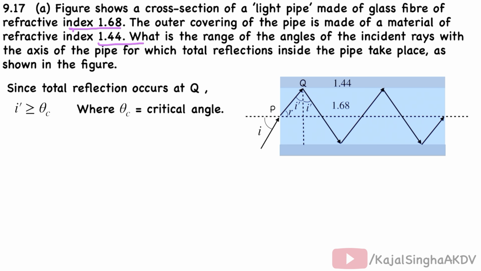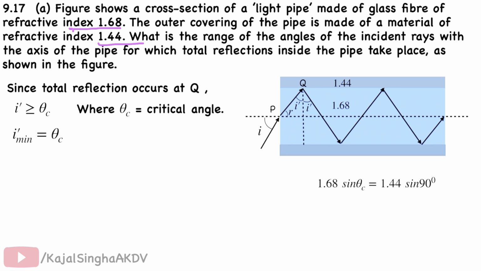We know that total internal reflection occurs only when the angle of incidence in the denser medium is greater than the critical angle theta c. So the minimum value of i dash for which total internal reflection takes place is equal to theta c. Now here we find the value of theta c from Snell's law.